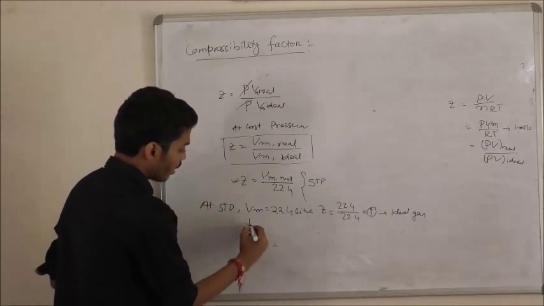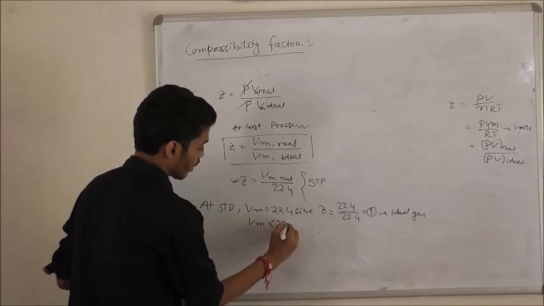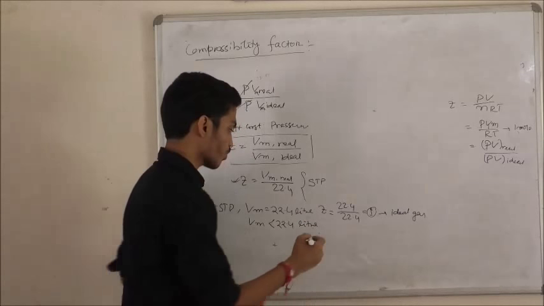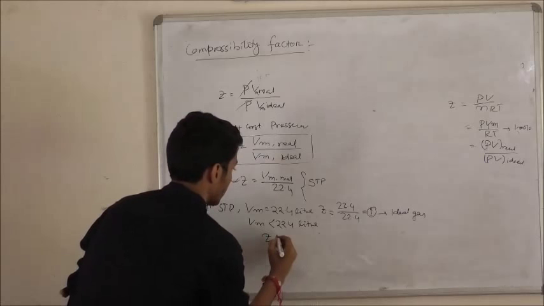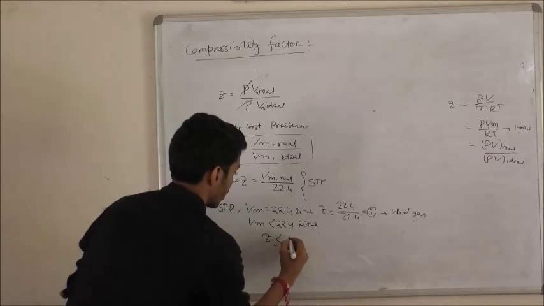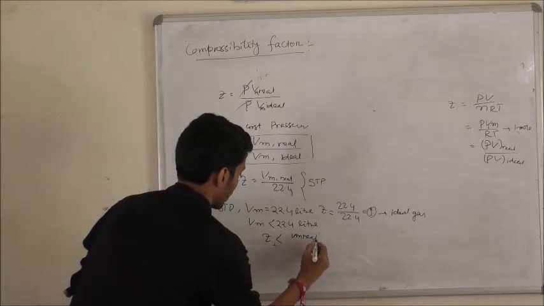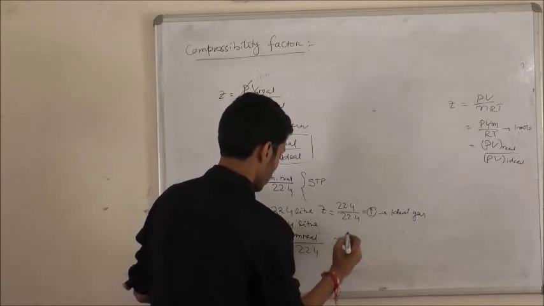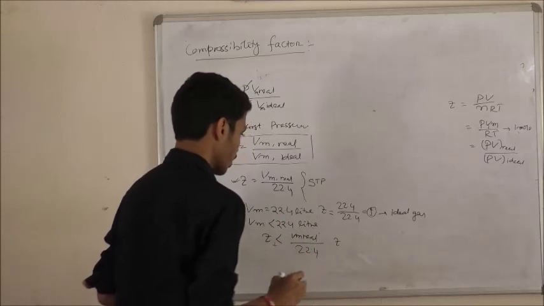And if Vm is less than 22.4 liter, then what will happen? Z will be less than Vm real by 22.4.